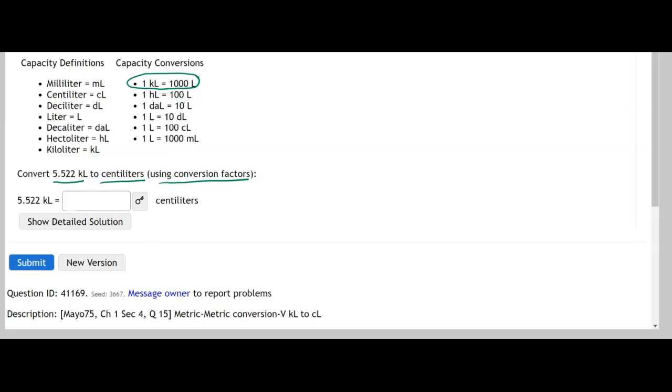And then we see centiliters. Here, 1 liter is equal to 100 centiliters. So to do that basic conversion, we take 5.522 kiloliters, and we need to eliminate kiloliters first, and the first step is to change kiloliters to liters, and that is 1 kiloliter is 1,000 liters, and then that will eliminate our kiloliters, and we'll be stuck with liters now, and we want to get from liters to centiliters.